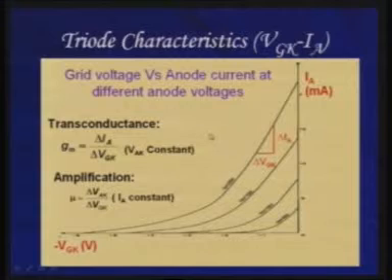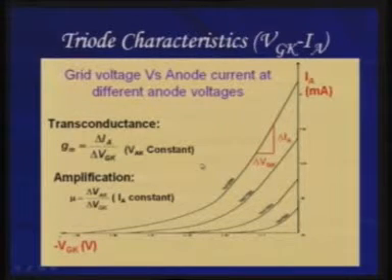So this is another curve that we are getting, and in this case the amplification that we get is essentially the change in anode cathode voltage per unit change in the grid cathode voltage. So that is the gain that we are going to get in case of a triode valve.